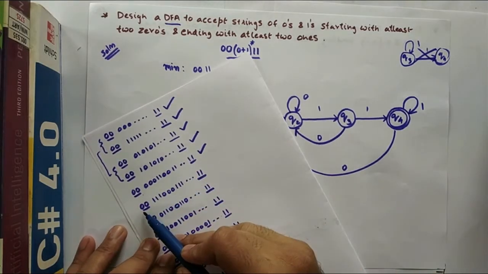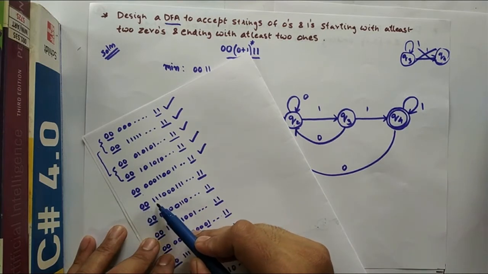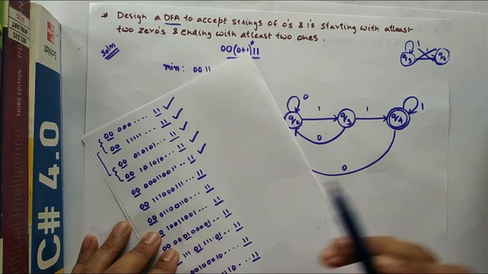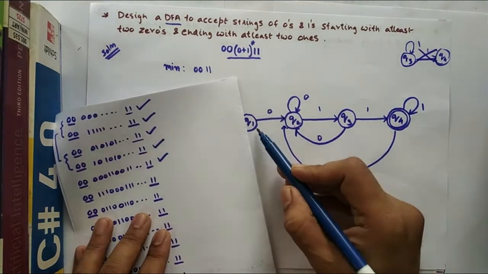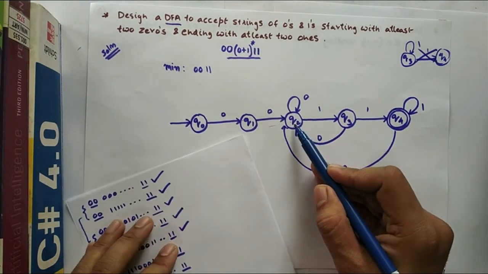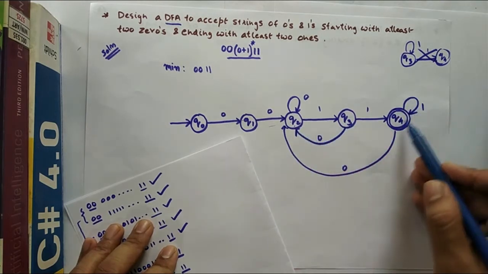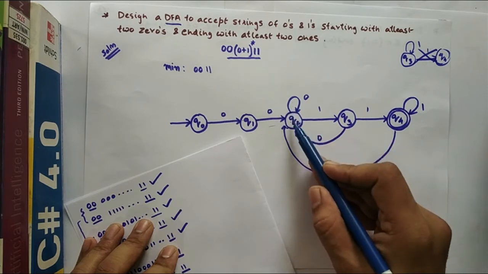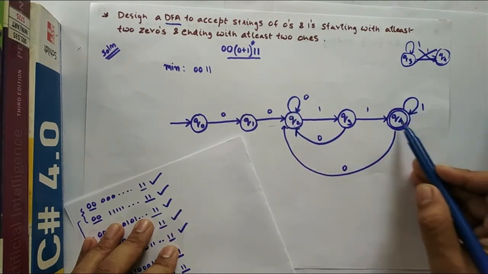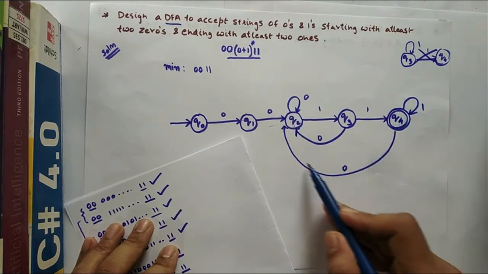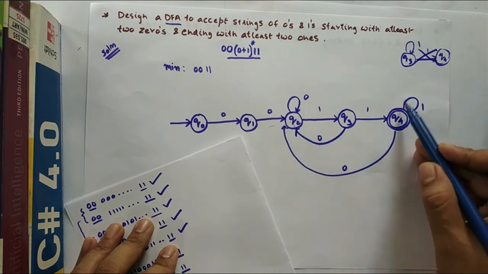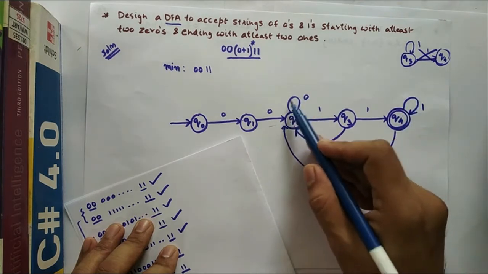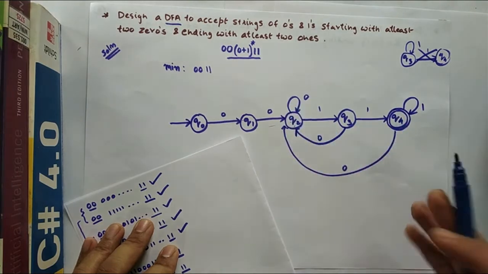So for this string it is 0 0, then some number of ones, then some number of zeros, some number of ones, and finally it can stay here if it is 1 1, or if it is 0 and more zeros are there, then it will come here and 1 1, accepted.